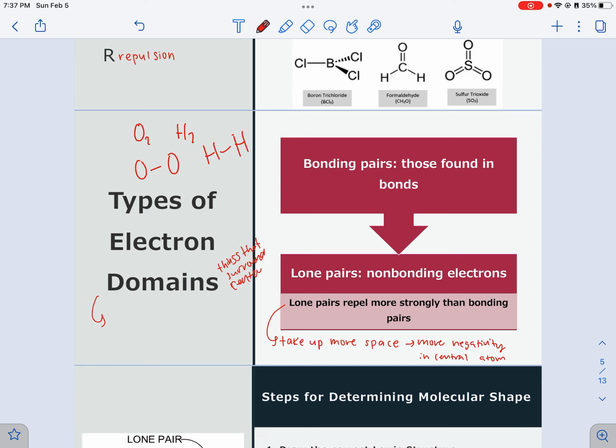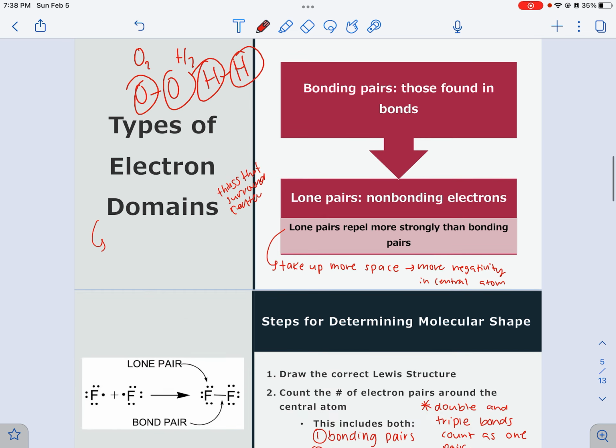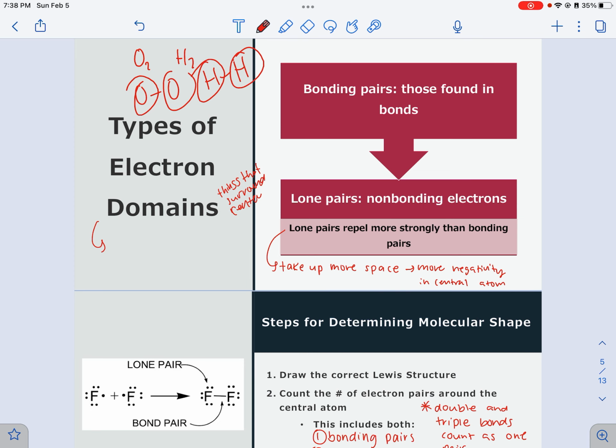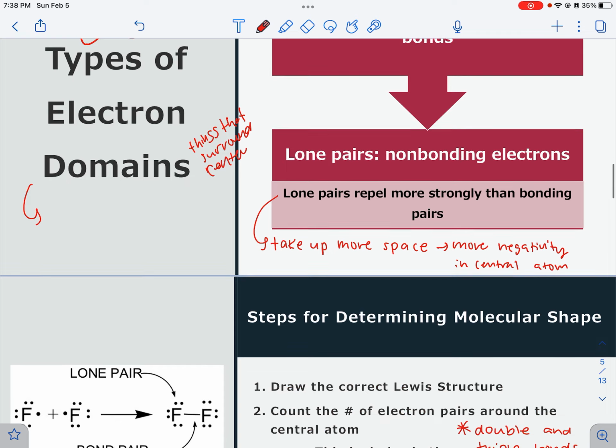But anyways, electron domains are just things around it. Any letter here is an electron domain, this and this, because they surround the center. Lone pairs are also domains. So if there were 2 right here, this would also be 1 domain.